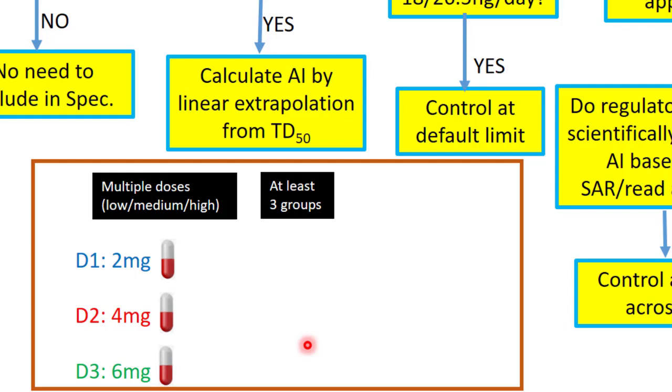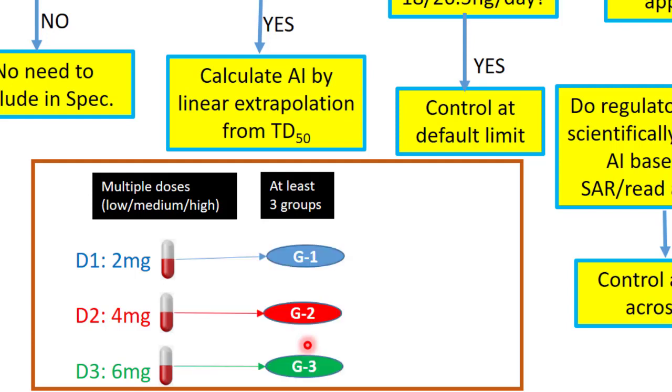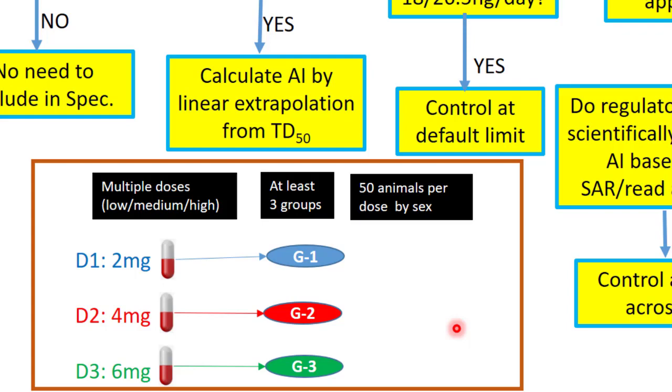Then at least three groups have to be considered for this exposure study. Let us say these are the three different groups: group 1, group 2, and group 3. According to this guideline, a minimum of 50 animals per dose and per sex should be a part of every group.